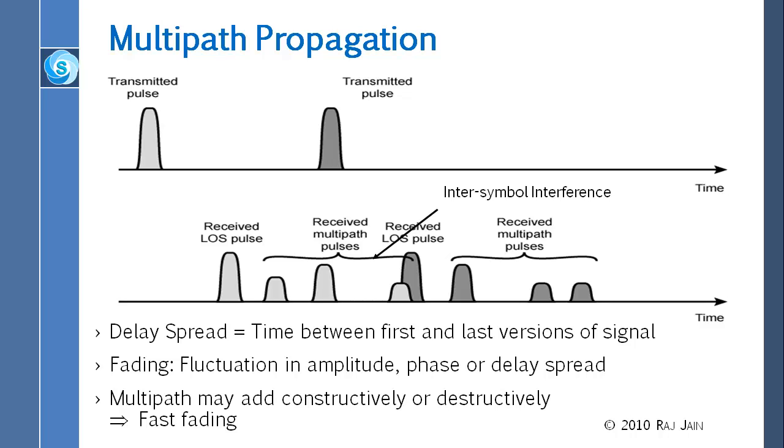So anyway, the summary of this slide is that whenever you send something, depending upon the environment, what is surrounding you, you will get multiple copies of the symbol, and we have to find out how long the maximum delay spread is before we can decide how fast we can speak. Right? How many bits, how many symbols we can send.